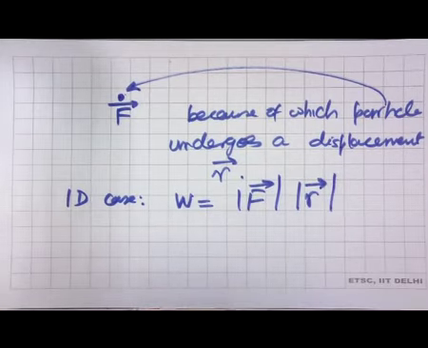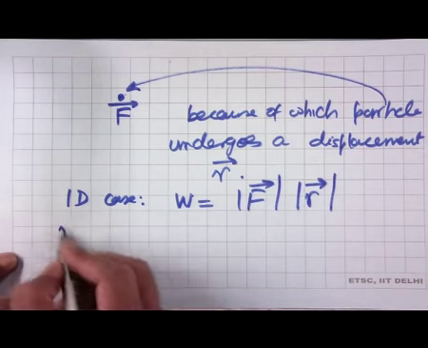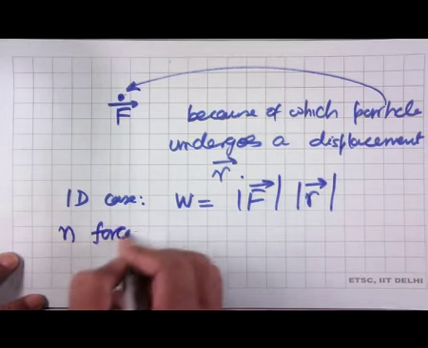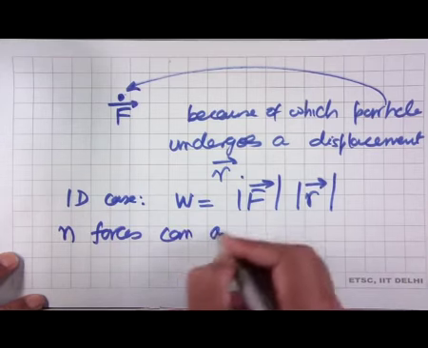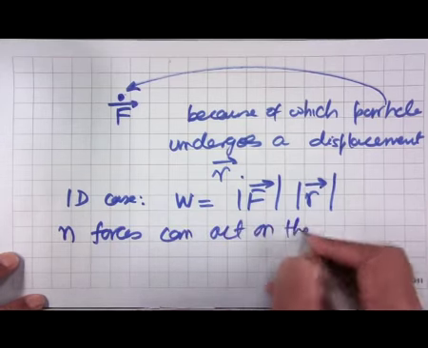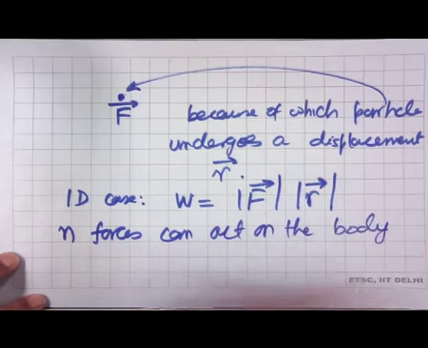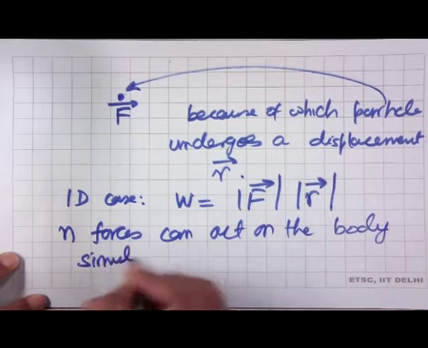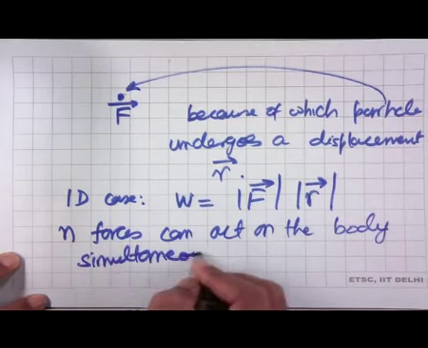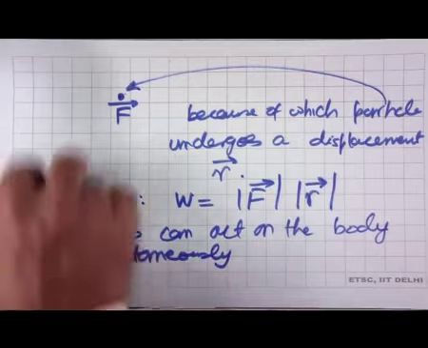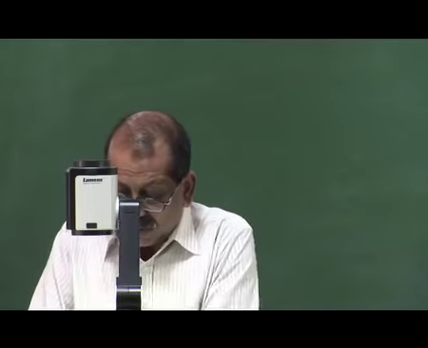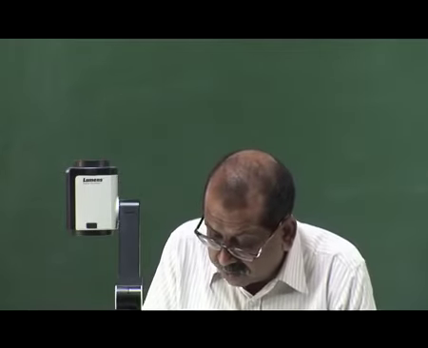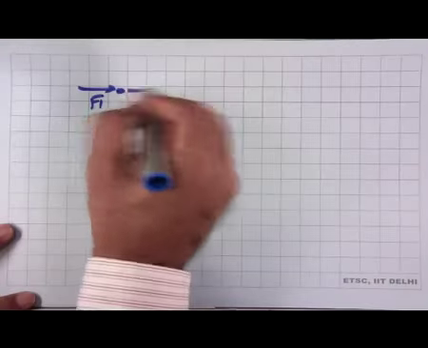Now, it can so happen that n forces can act on the body simultaneously. Let us say we have a body on which we have a force F1, a force F2, and so on.